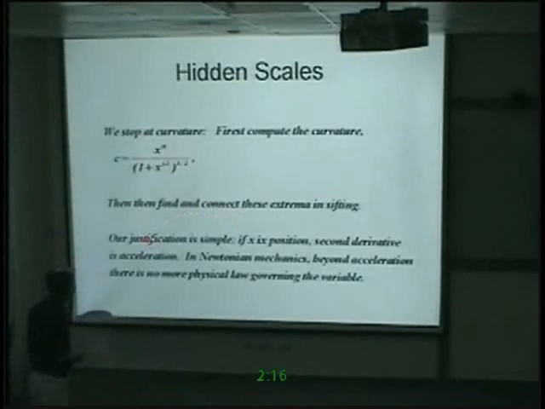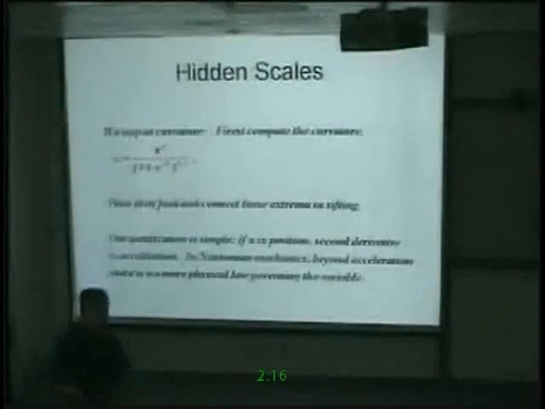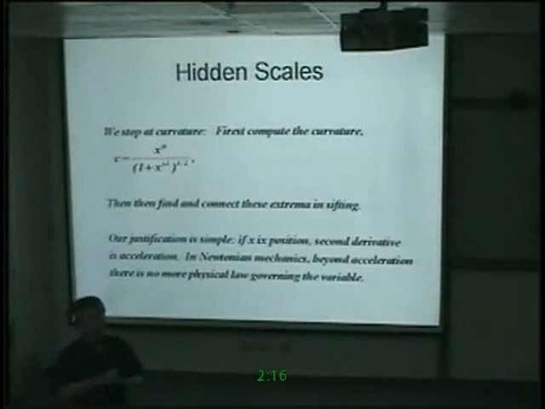Our justification of this extremal position is very simple. If x is position, most of the time x represents the location of the point, then the first derivative is velocity, and the second derivative is acceleration.